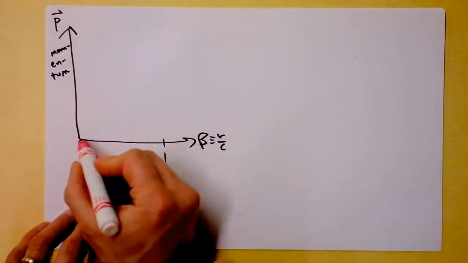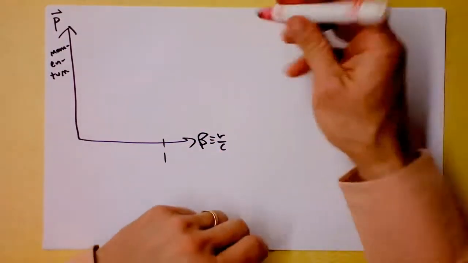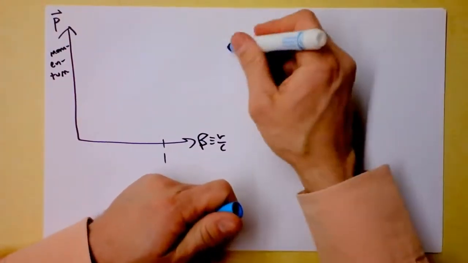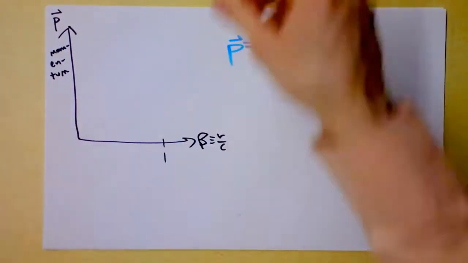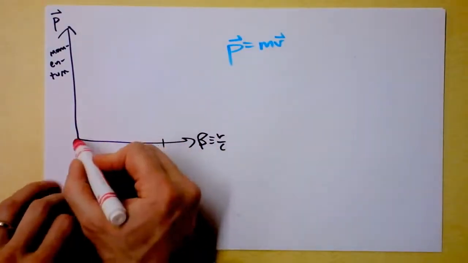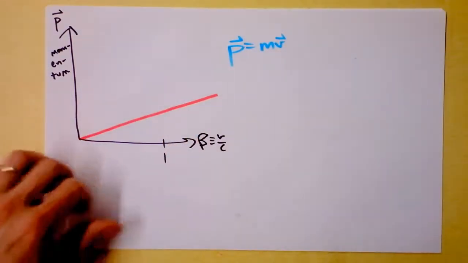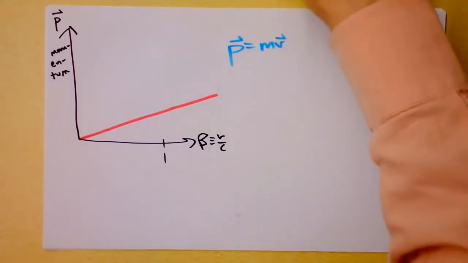Classically, we would expect, wait a second, let me get a classical equation up here. You talk about linearity. The classical equation says P is mv, m times v, just a little momentum. You go out here and that is the prediction for how much momentum you have. However, something beautiful happens.